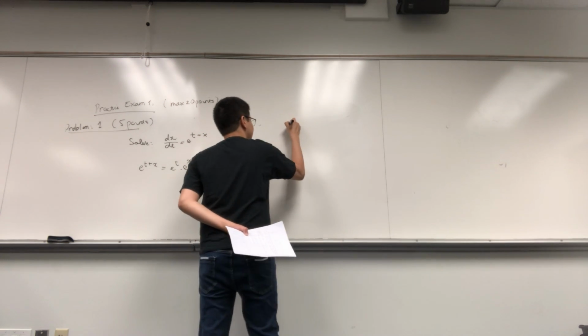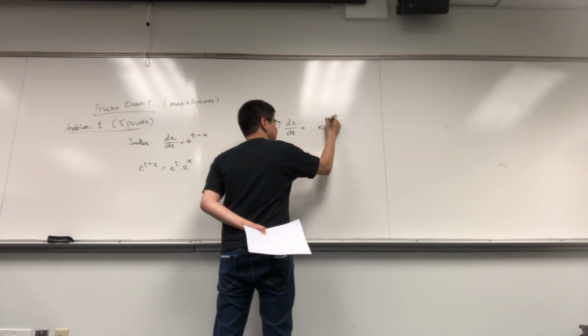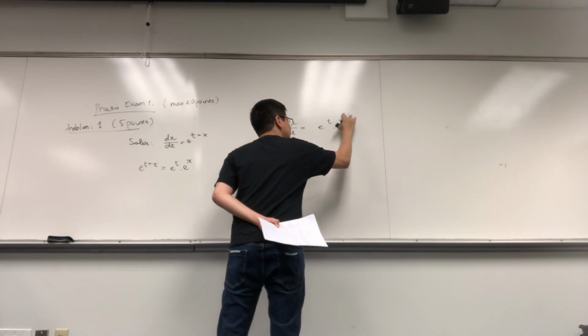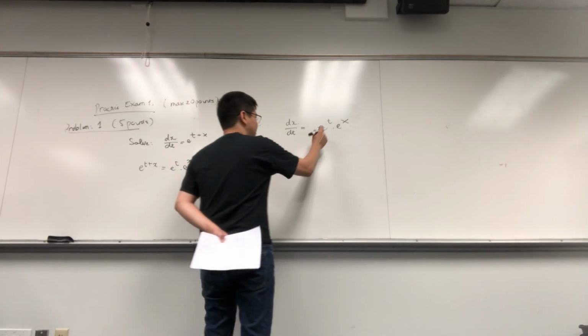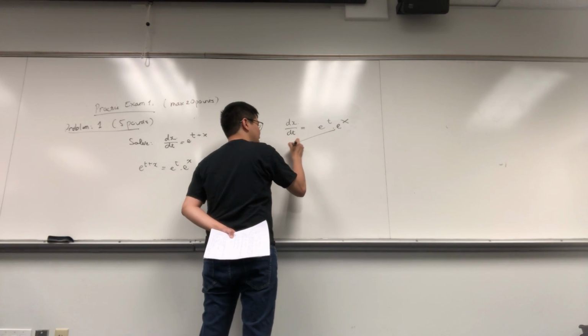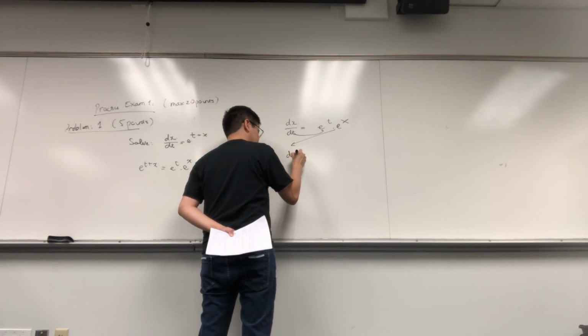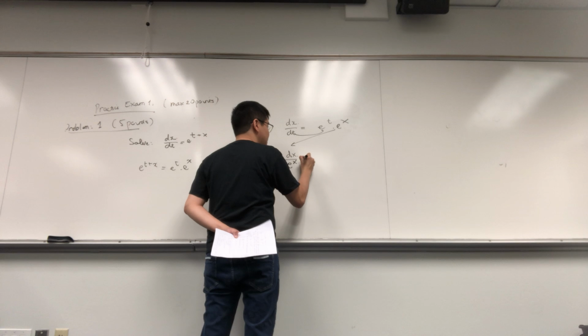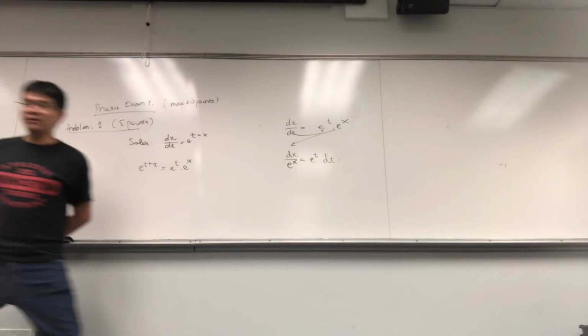You have dx over dt is e to the t times e to the x. All right. Now I'm going to divide by e to the x on the left and multiply by dt on the right. So I have dx over e to the x is equal to e to the t dt.